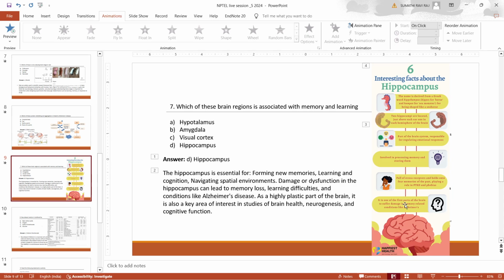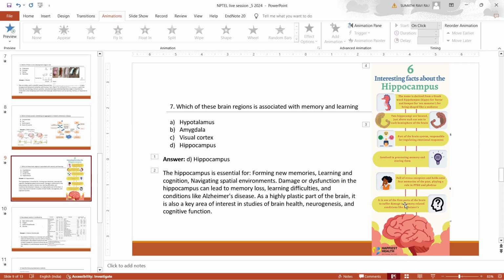Okay. And other than that, the hypothalamus we spoke about. It's the regulation of your hormone secretion. Different hormones are secreted for different purposes: your sleep, your hunger, your thirst, your mood swings, etc. All these hormones are under the regulation of the hypothalamus. The amygdala is your fight or flight response.